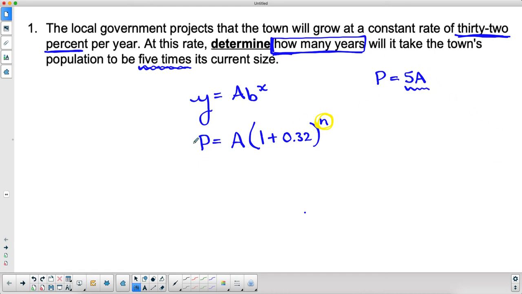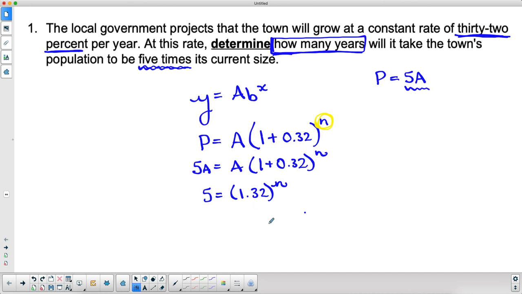So I'm going to put the 5A in where the P is. 5A equals A, 1 plus 0.32 to the N. And since we have an A on both sides, I'm just going to divide both sides by A and it goes away. So I want to know how long it takes this decimal, 1.32, raised to an exponent. What exponent do I have to put on this in order to get 5?